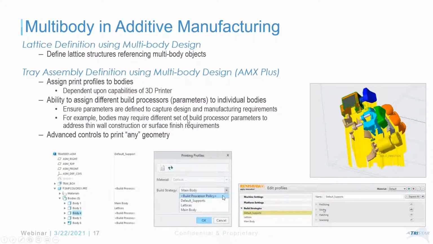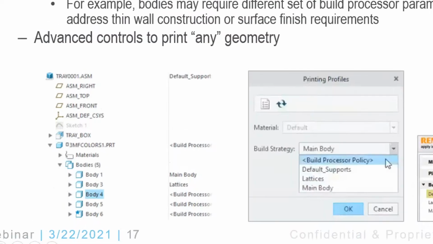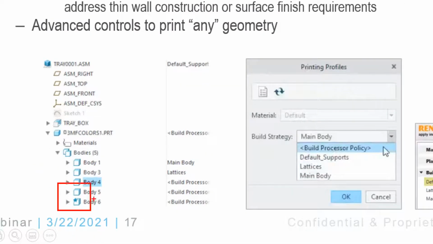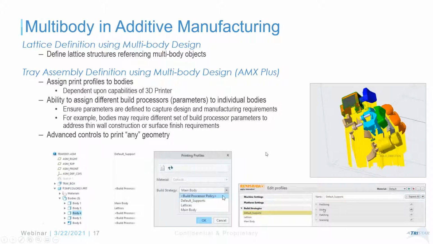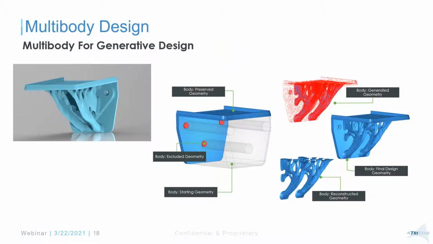And even in additive manufacturing, when you have these multiple bodies, I'm able to ensure that I create different build processor parameters for specific bodies, right? That's an advantage in there, apart from creating your lattice structure itself. And finally, if you use generative design, these are some of the new technologies on generative design or in additive manufacturing or on simulation.